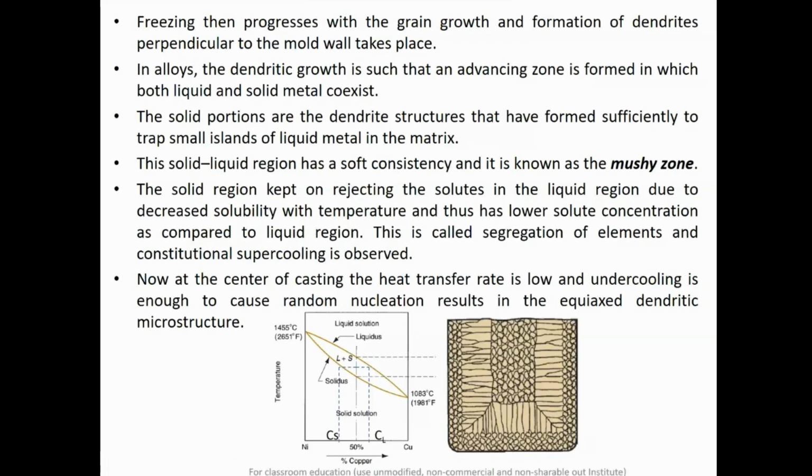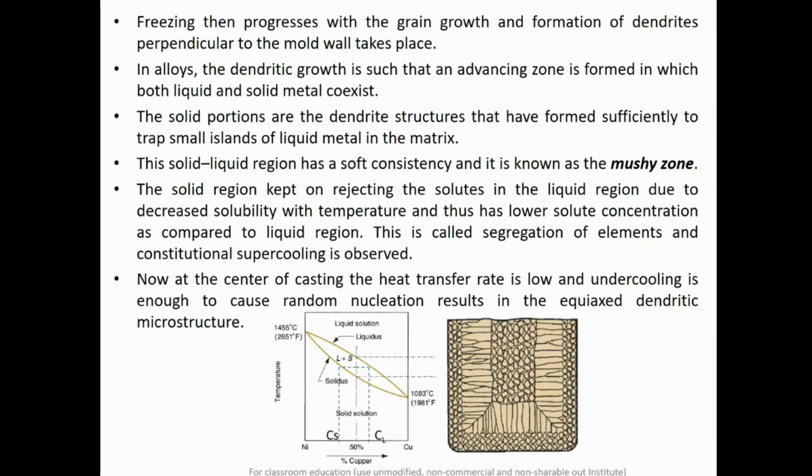It means this is a semi-solid type of consistency, a soft consistency, and the solid region or the dendrites keep on rejecting the solutes into the liquid region. This happens because with the decrease in temperature, the solubility of the solute decreases, and this rejection of elements into the liquid metal is known as segregation.